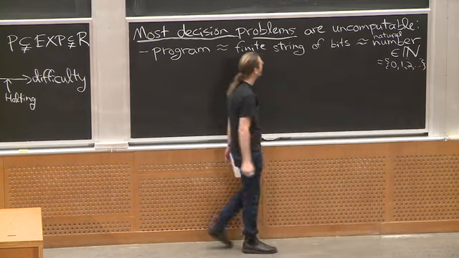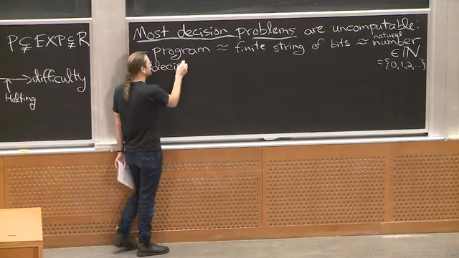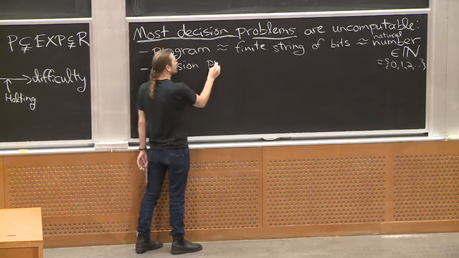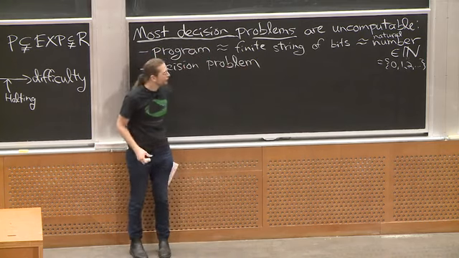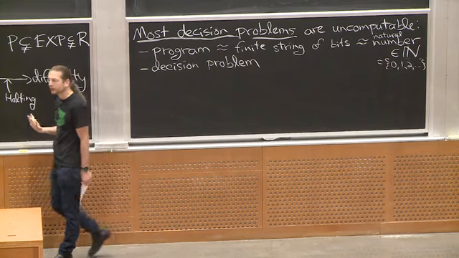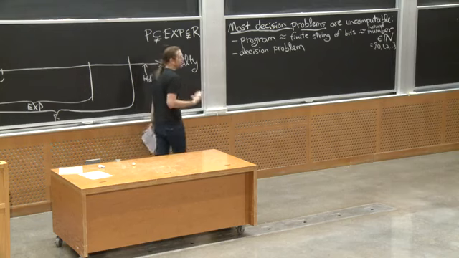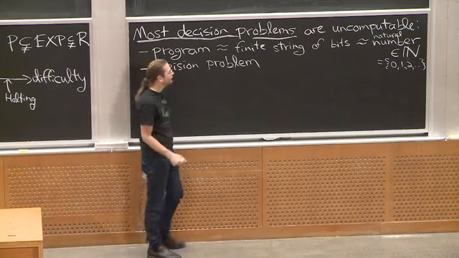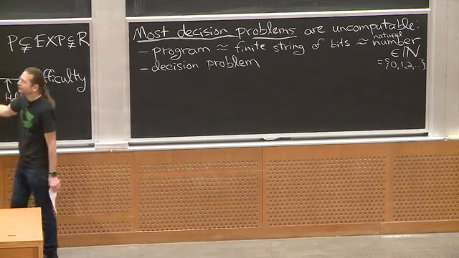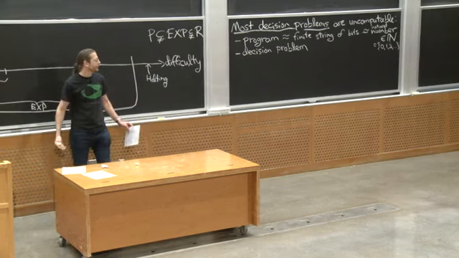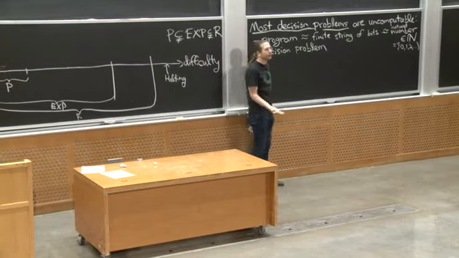OK? Now, what about decision problems? A decision problem is a specification of what we want to solve. So we can think of it as saying, for every input, is the answer yes or no? That's literally what a decision problem is. The only question is, what is an input? We've talked about inputs and the size of inputs, and there are lots of different ways to measure them. But in the end, we can think of an input as a string of bits also.